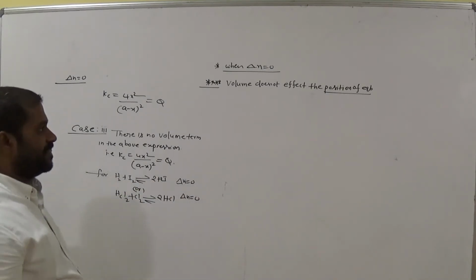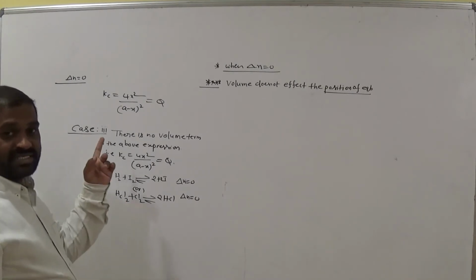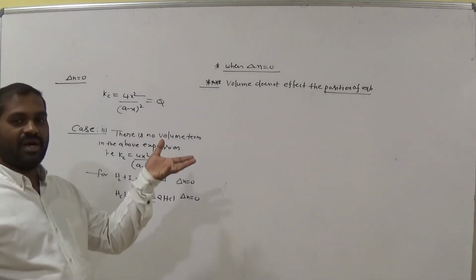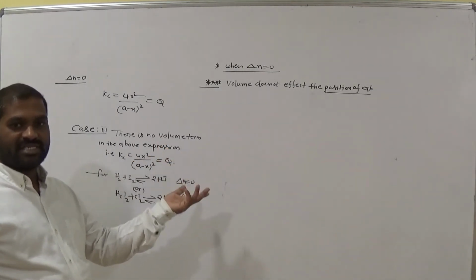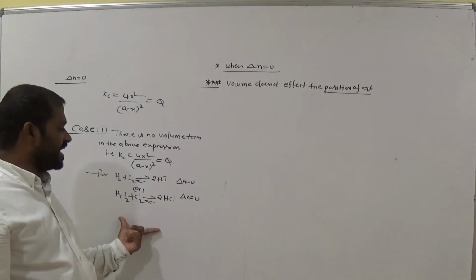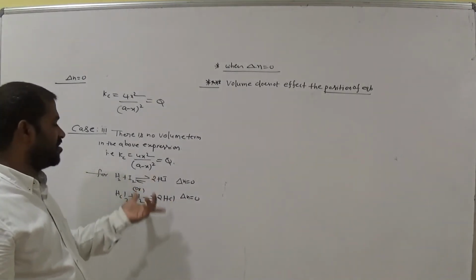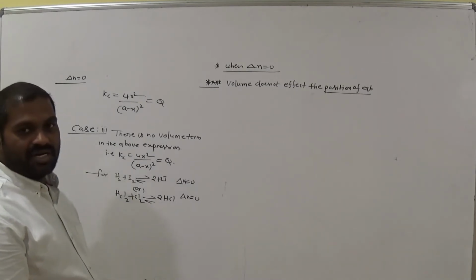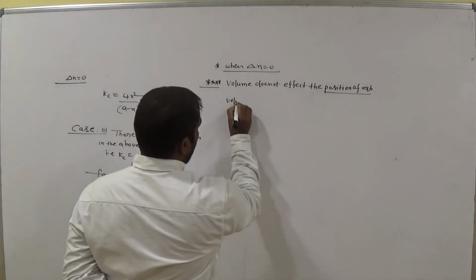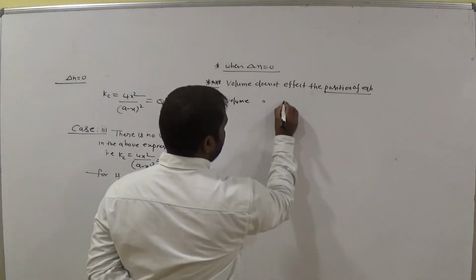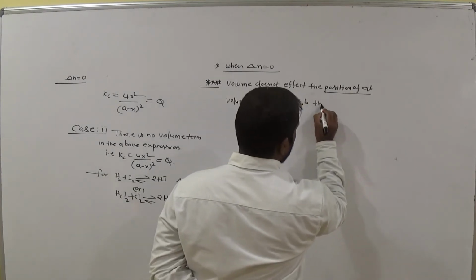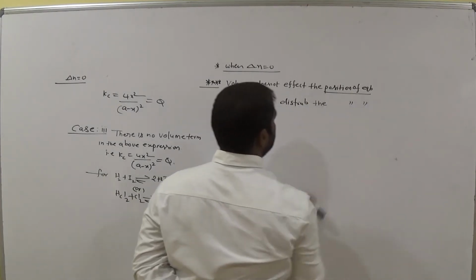Is it clear? In the above two cases, that means delta n is positive and delta n is negative, if we increase the volume we get some expression, and if we decrease the volume we get some other expression. But in this case, there is no effect of volume at equilibrium. That means volume does not disturb the equilibrium position.